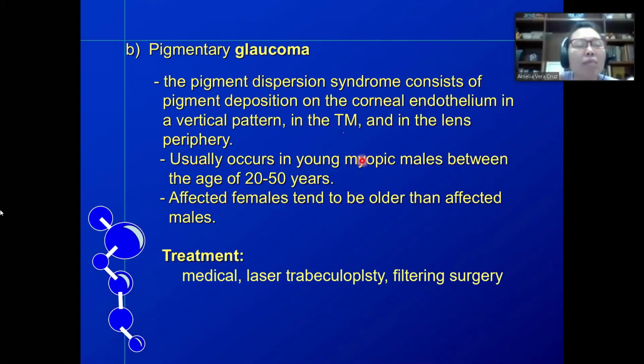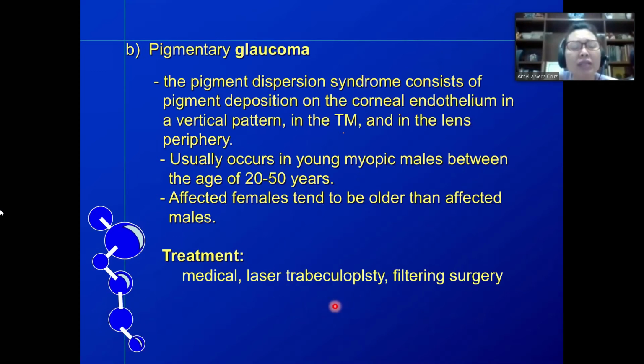Usually black pigments yan, black pigments. And where do black pigments come from? Of course, galing sa iris. Usually occurs in young myopic males between ages 20 to 50. Affected females tend to be older than the affected males. Okay?